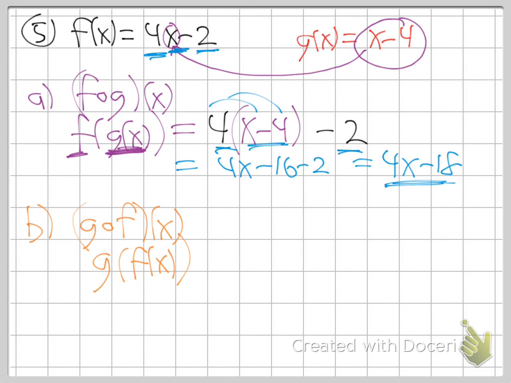So 4x minus 2 going into the x. Let me erase this connection. All of f into g. The x is the insert slot, the holes in the toaster, right? All of f into g. So what are we going to get? All of f, 4x minus 2.